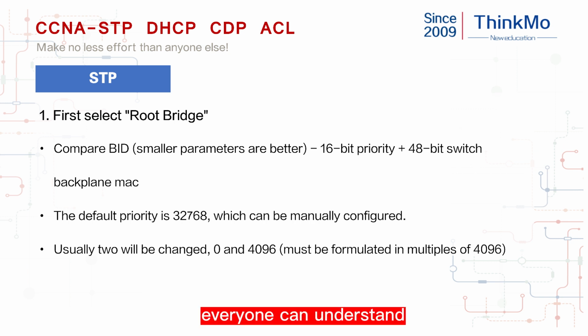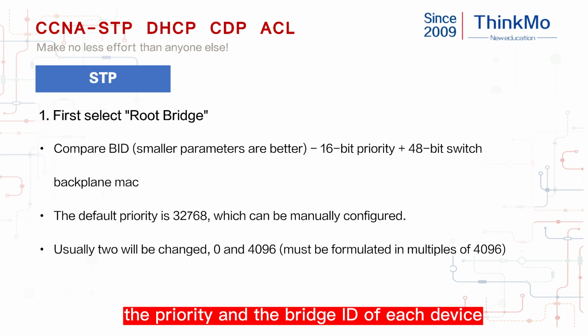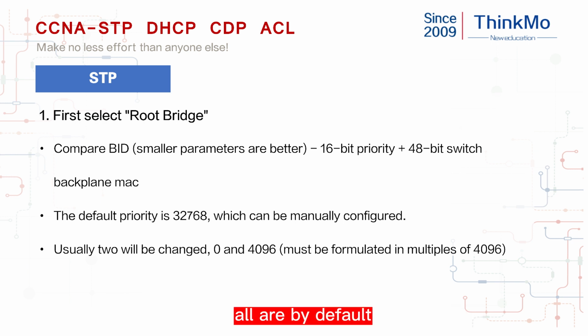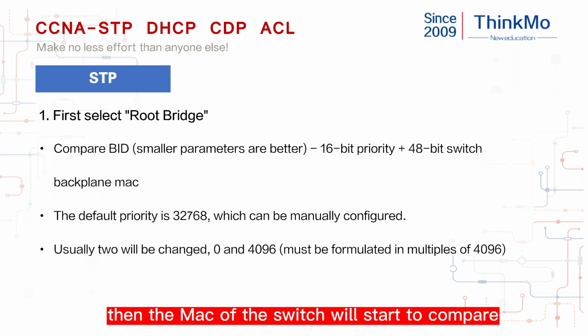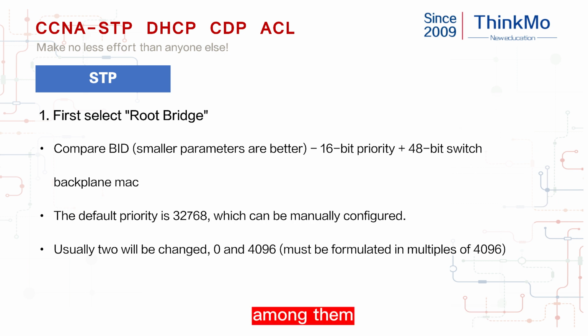Everyone can understand this. We can manually configure it. I tell you this: if there are 3 devices, and the priority and the bridge ID of each device are all default, then the MAC of the switch will be compared. Among them, the smaller the MAC address, the better.